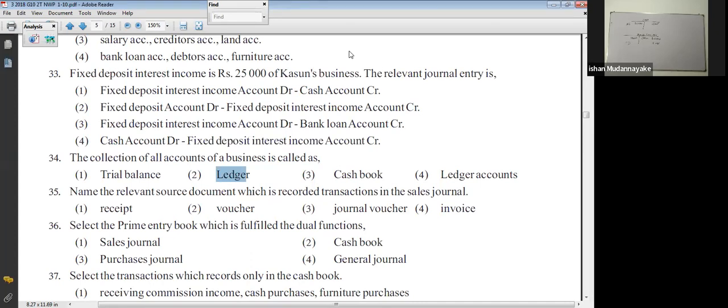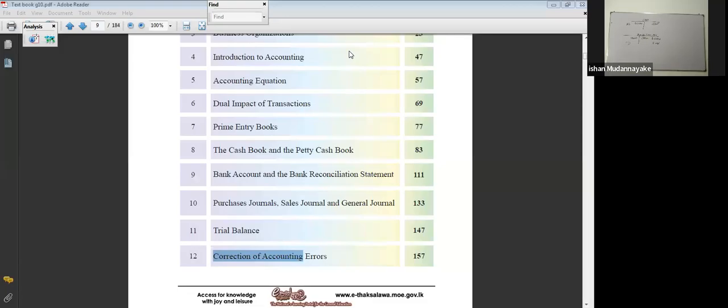Grade 10 textbook. We will go to the grade 10 textbook. Look at the grade 10 textbook. Page number.